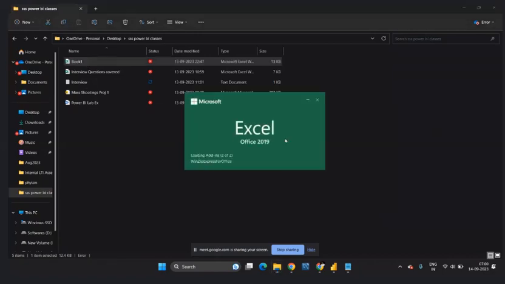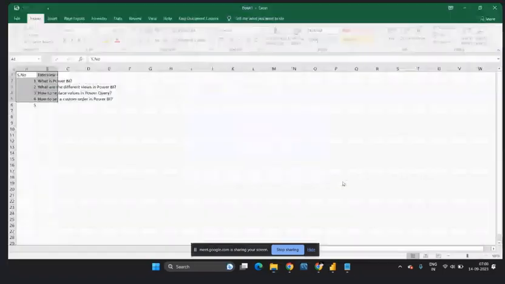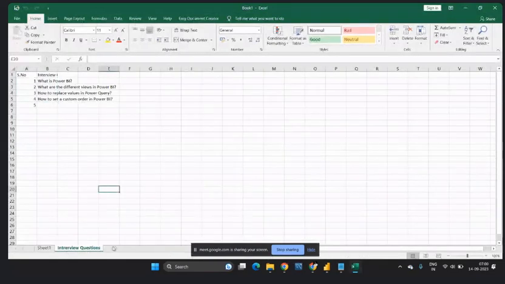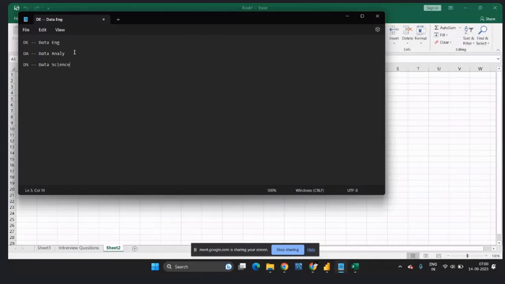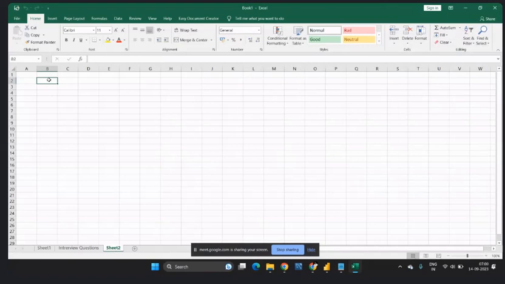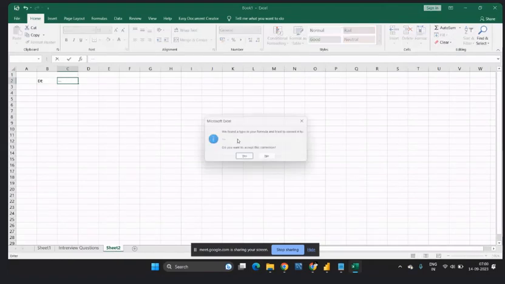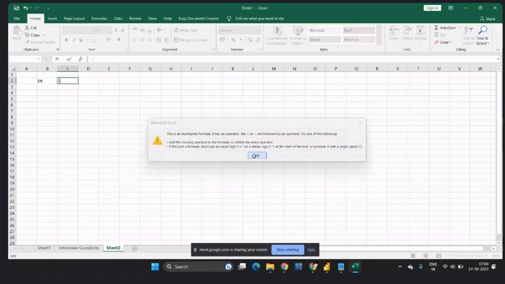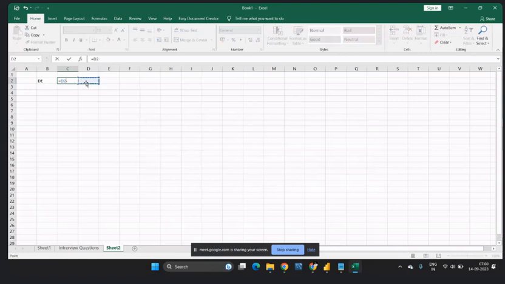What is the meaning of data engineering? If you have any knowledge, what is data engineering? Before completing our education, what is data engineering?